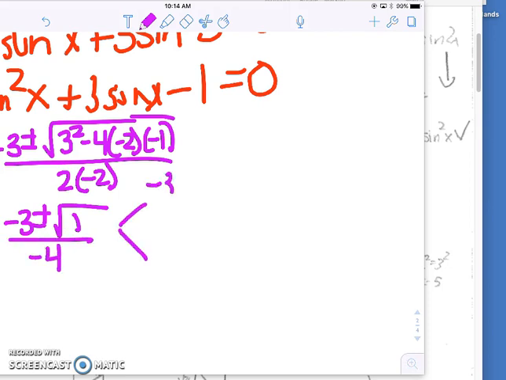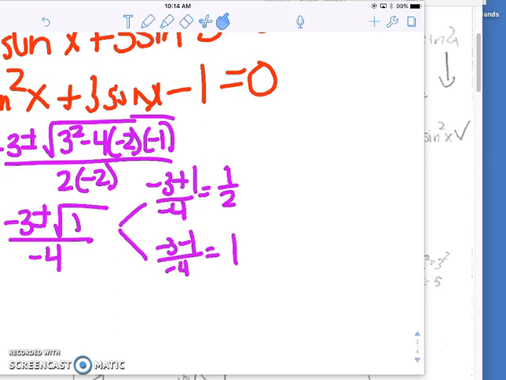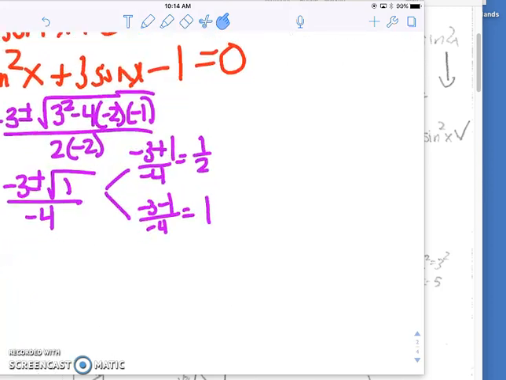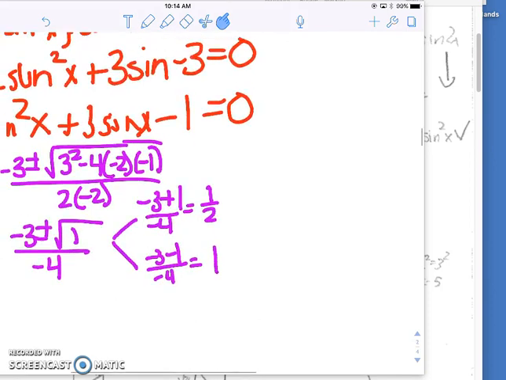So -3 plus 1 over -4. So -2 over -4, positive 1/2. -3 minus 1 over -4. So -4 over -4 is 1. And we're talking, this was the sine.